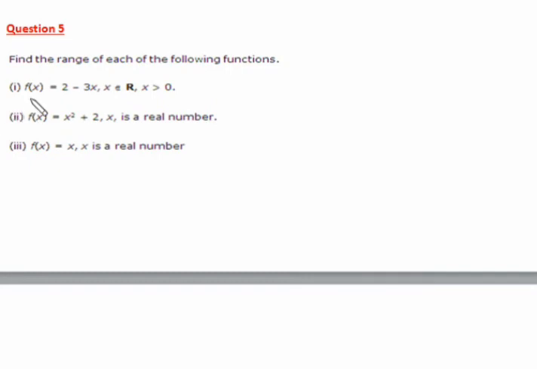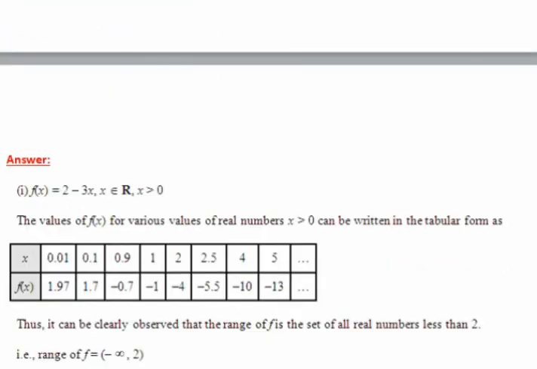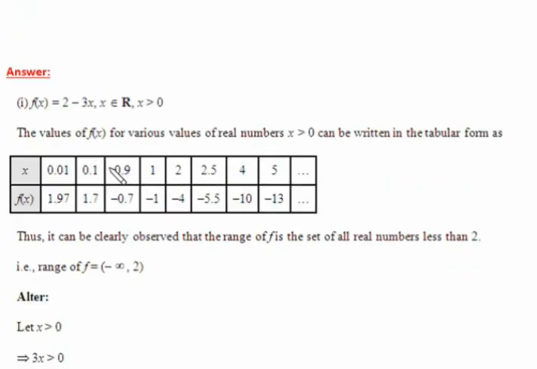Now the next question is question number 5. Find the range of each of the following functions. Our function is f(x) = 2 minus 3x, where x belongs to the real numbers and x is greater than 0. X can never be negative, x is greater than 0. So what is our result? The value of f(x) for the various values of real numbers x greater than 0 can be written in tabular form.